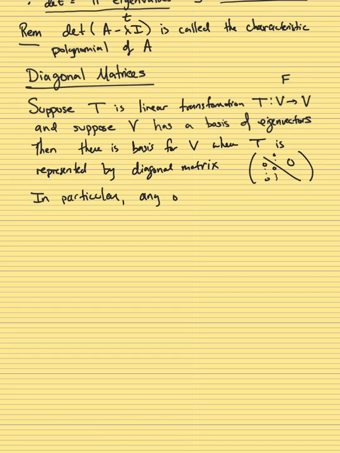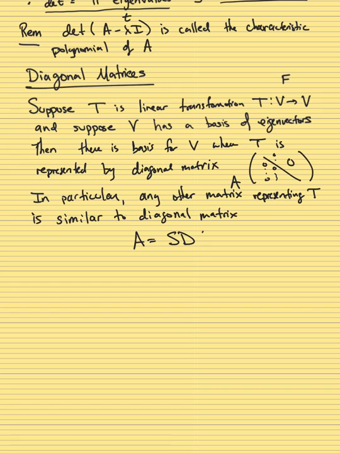So in particular, any other matrix representing T is similar to a diagonal matrix. Maybe I'll say this is matrix A, so A is equal to S D S inverse. Here, what's useful to know is that the values in D correspond to eigenvalues.